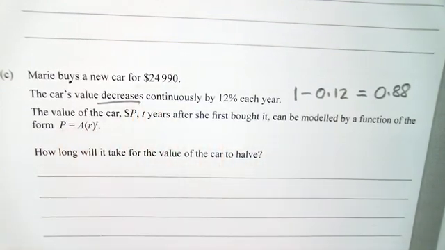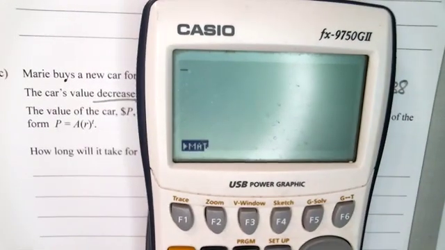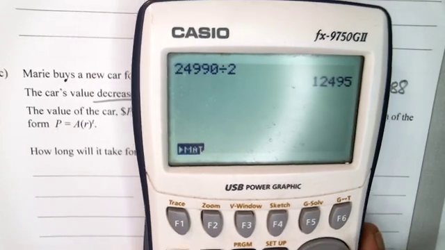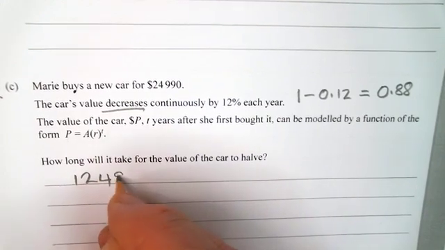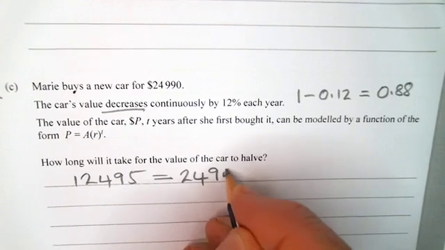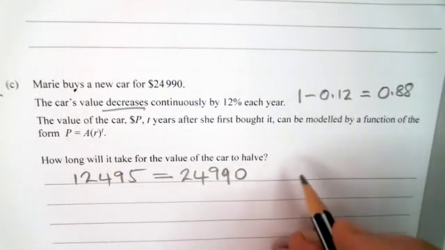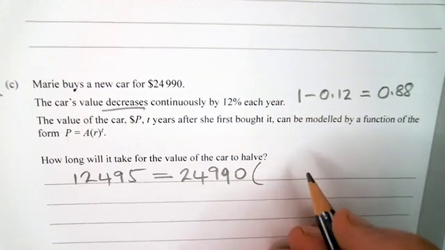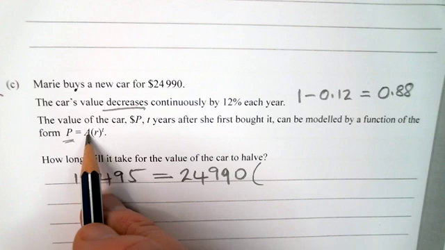We could just write a half here, but I'm actually going to write 24,990 and divide it by 2. There it is, and it's 12,495. So I'm going to have 12,495 is equal to 24,990, and you'll see in a moment why I could have just written a half, times R. So the P value is that, the A value is that.